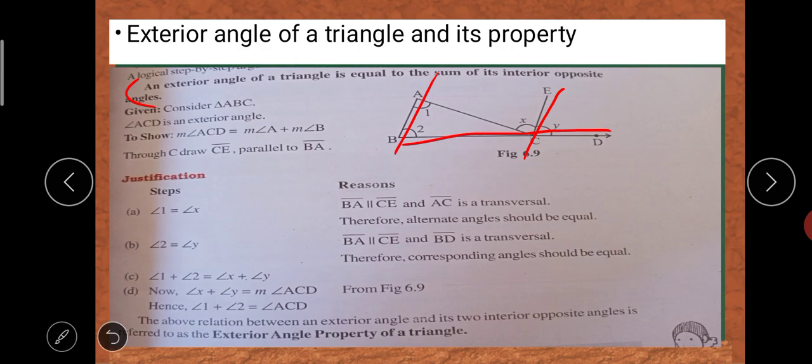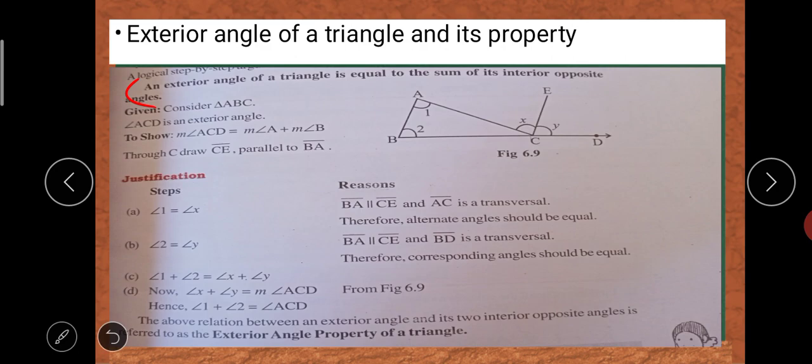Angle 1 plus angle 2 is equal to angle X plus angle Y. Now this one is X and Y, and together they form the angle ACD, that is, ACE plus ECD.